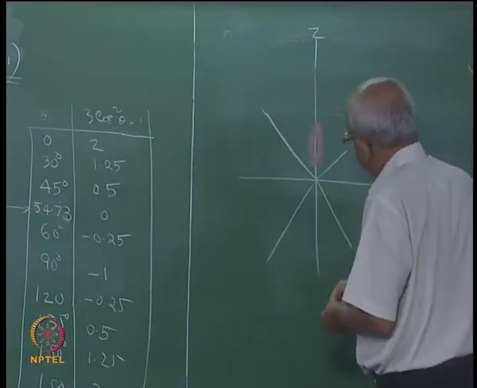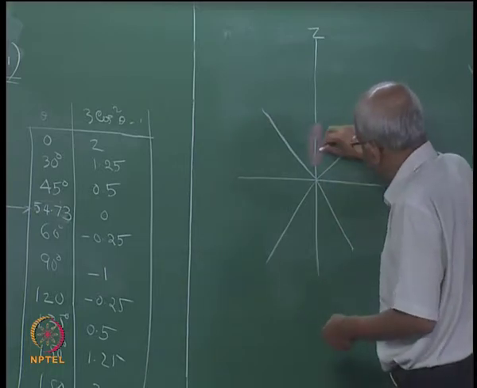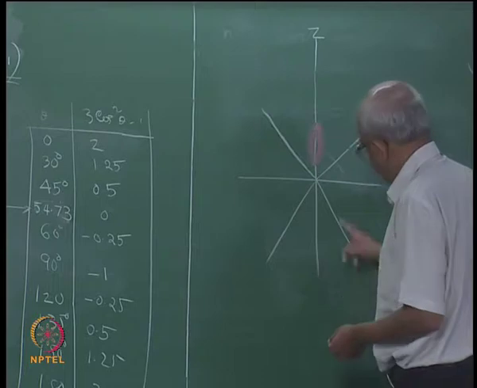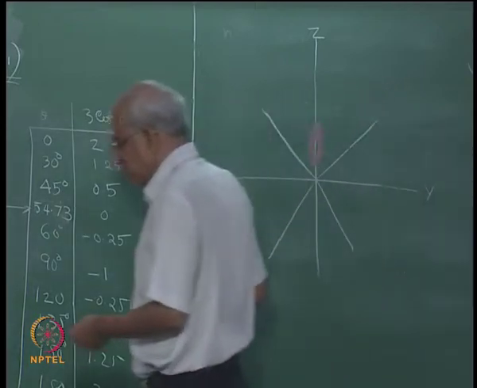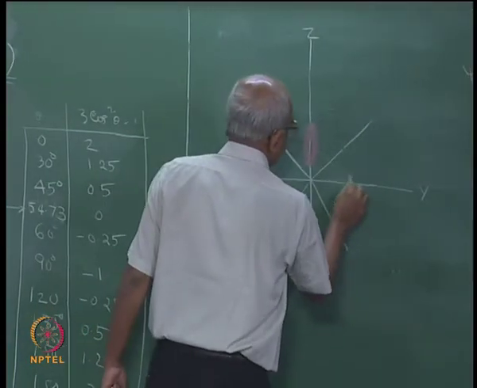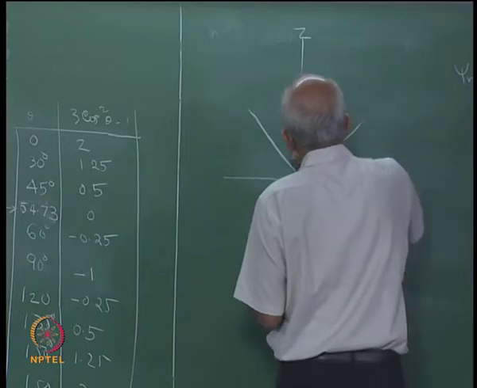So, why do I mark the line directions along which the wave function is 0? Because you see, if the function is positive, as soon as I cross this line the function will change sign. So, on this side what will happen? The wave function is going to be negative. And this is positive.